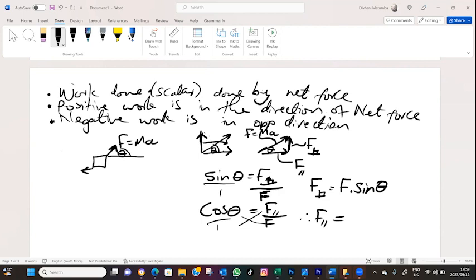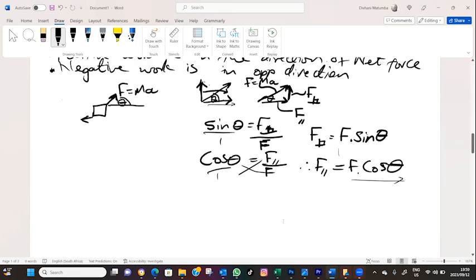So F parallel times 1, F parallel equals F times cos of theta, that's F cos of theta. So now, if you want to find the components in this direction, you're going to have to use that formula right there.